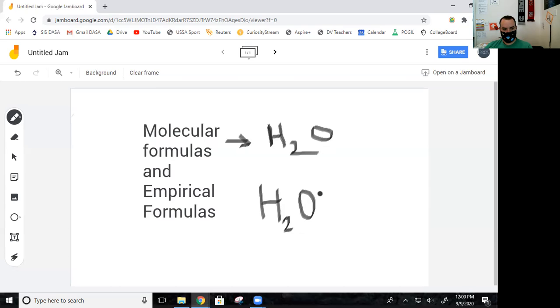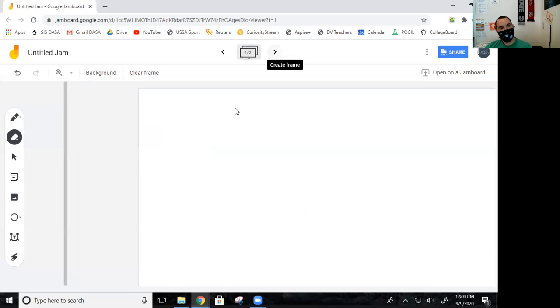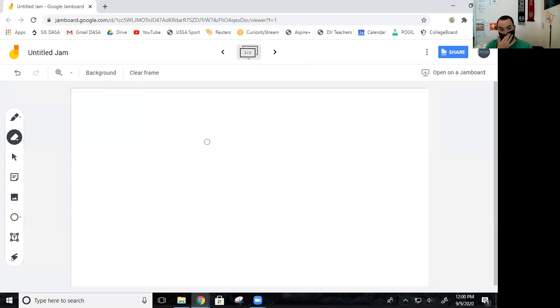However, if I was to take a molecule, something like S2Cl2.